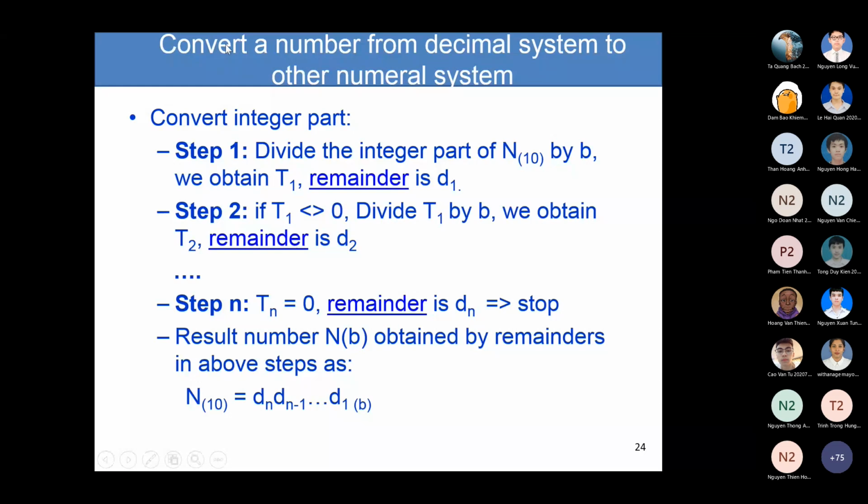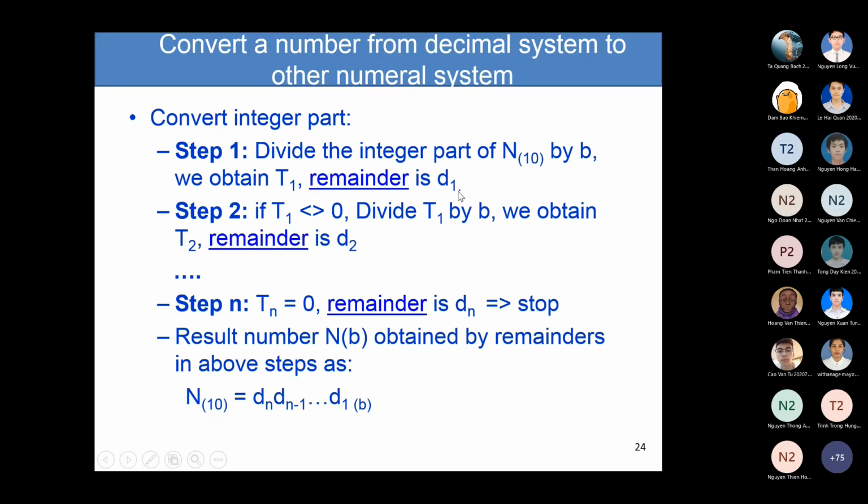For the integer part, we will use this algorithm. We divide the integer part of the number in the decimal system by b, in which b is the base of the system that we want to convert to, right? So we obtain a result T1 with the remainder D1.